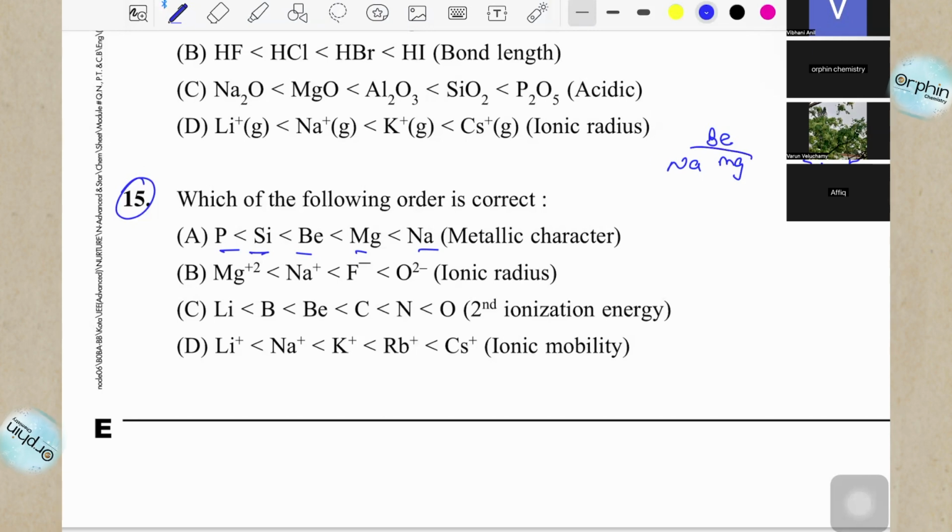So magnesium and sodium have more than beryllium. And among magnesium and sodium, sodium is having more. Sodium is having the highest, leftmost and downmost. Then beryllium and magnesium: magnesium is having more, beryllium is having lesser, then these are having even lesser. There is no contradiction here.